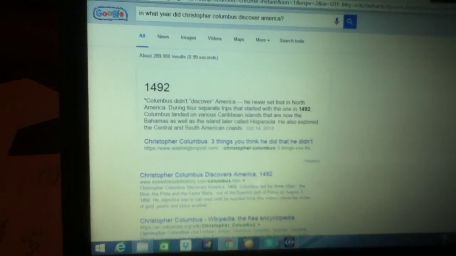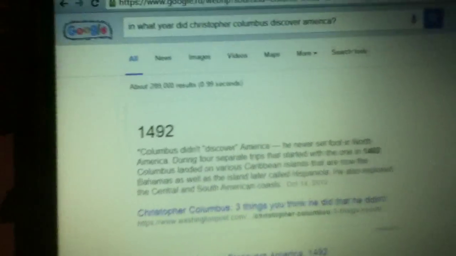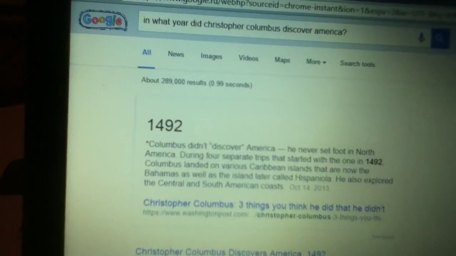And then I press enter. And the year is quite simple. The first answer, 1492. So, I can take question 1 and write my answer, 1492. And it's very simple to repeat the process for the next 10 questions.